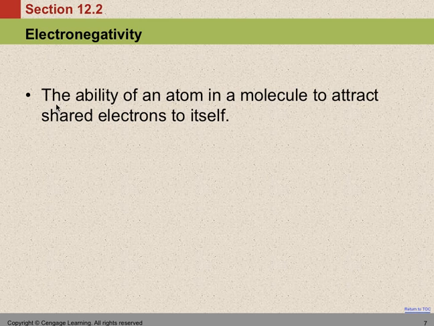Electronegativity is defined as, and you should know this definition, the ability of an atom in a molecule to attract shared electrons to itself.